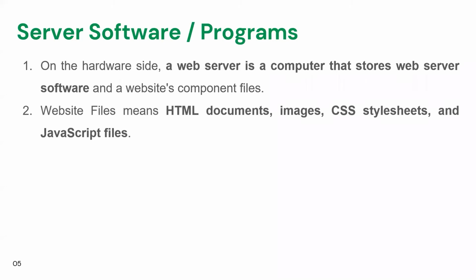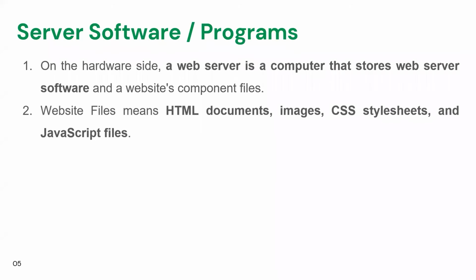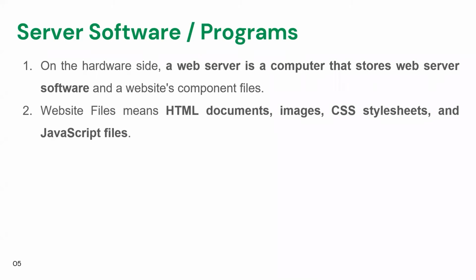Normally, website files means HTML documents, some images, CSS style sheets, and some JavaScript files if required. It also requires video files if we want to use video in that website. These are the basic types of files, which are normally accessible or can be opened by any operating system, whether Windows, Linux, or Mac, because these types of files are supported by all types of operating systems.